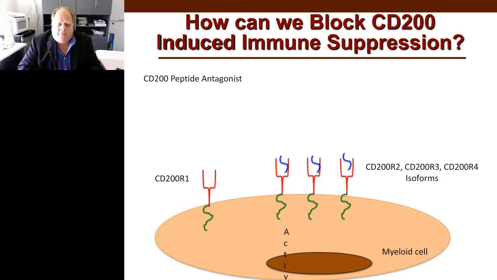So we're kind of going back on this antagonist versus agonist right now. But for this presentation right now, until we totally characterize it, we are going to call these CD200 receptor antagonists. So that's the terminology I'm going to use for the rest of the talk.